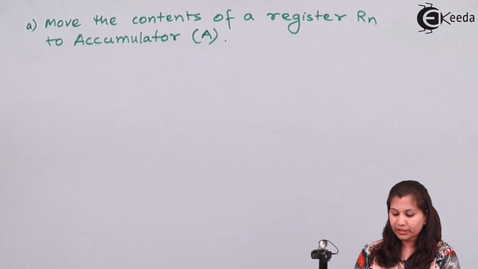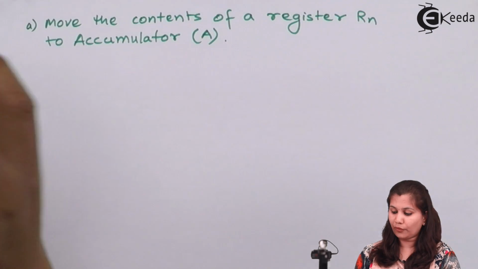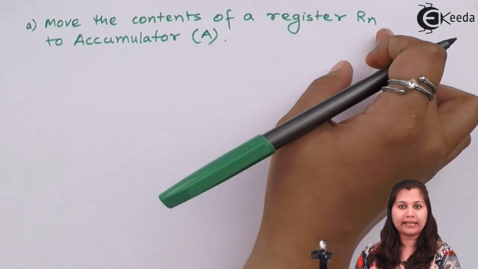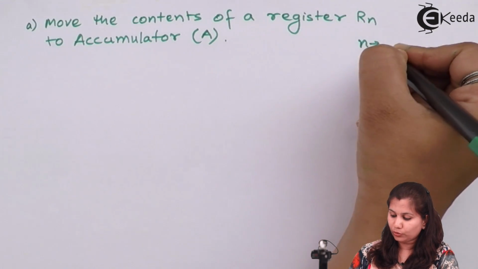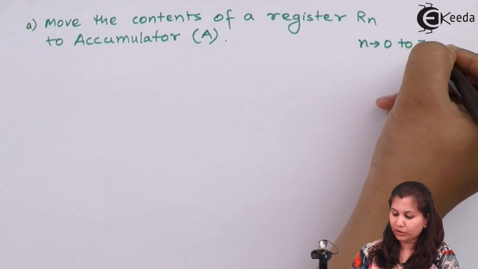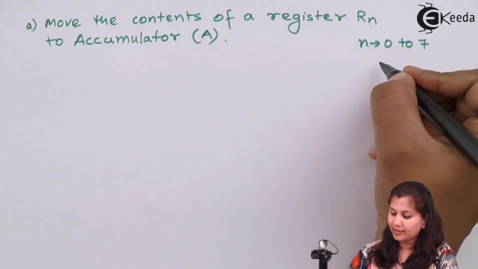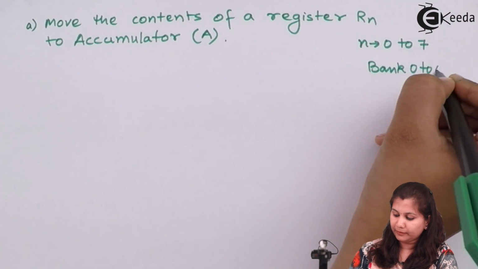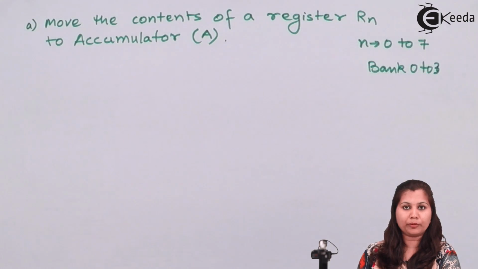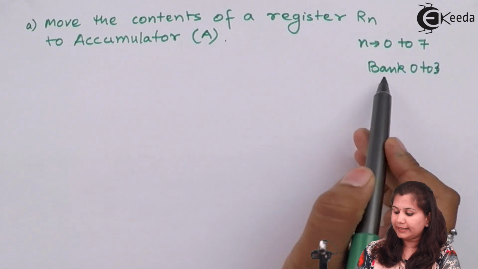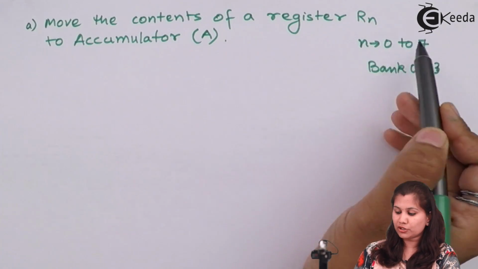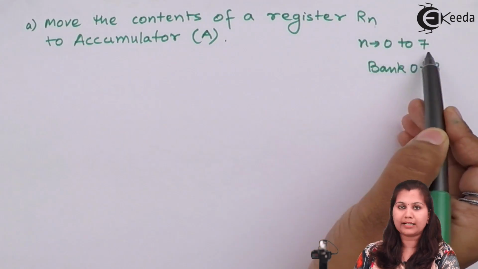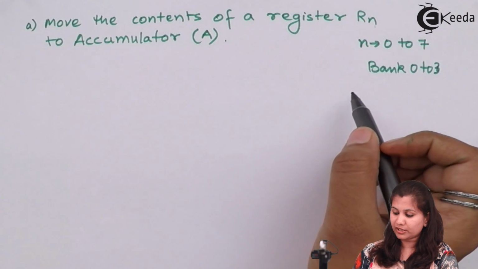This move instruction is going to copy the contents of the register Rn, where n is from 0 to 7, because we have 4 register banks, bank 0 to bank 3, and each bank has 8 registers. So from R0 to R7, we will have 8 registers.